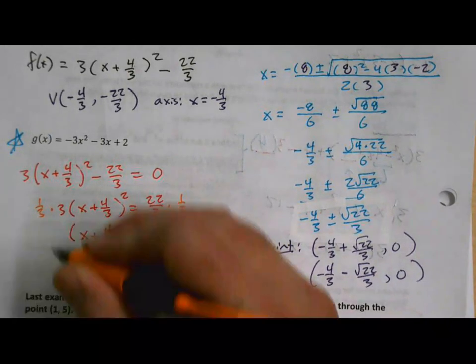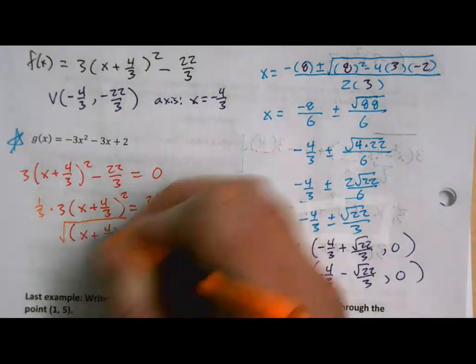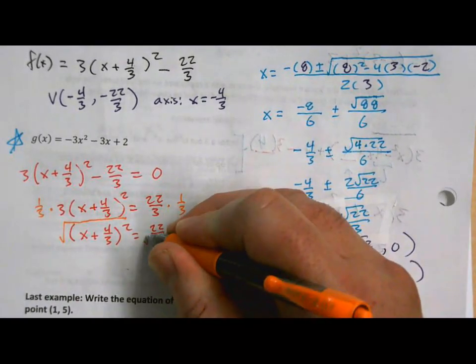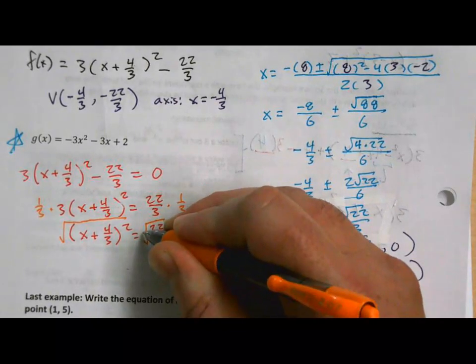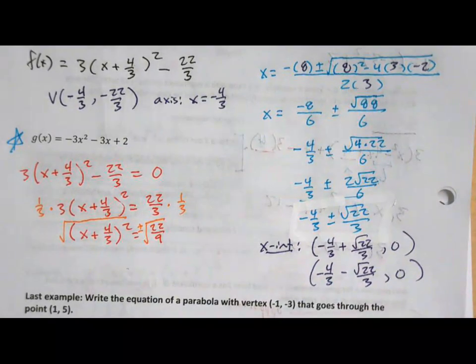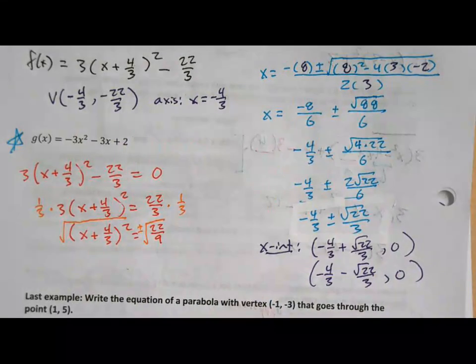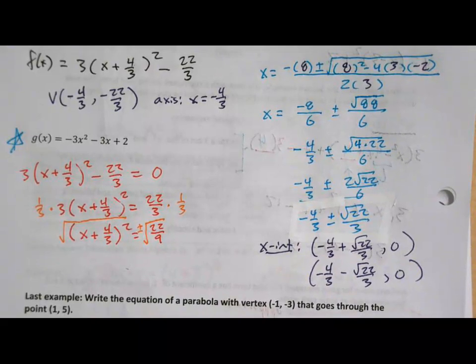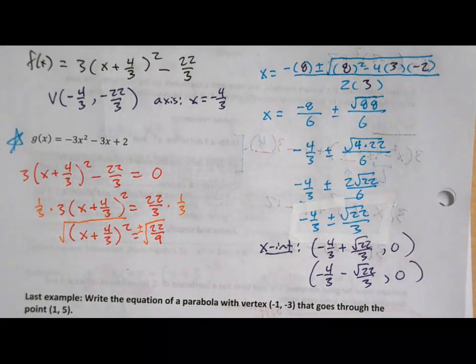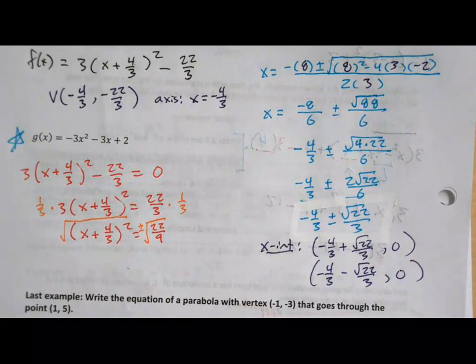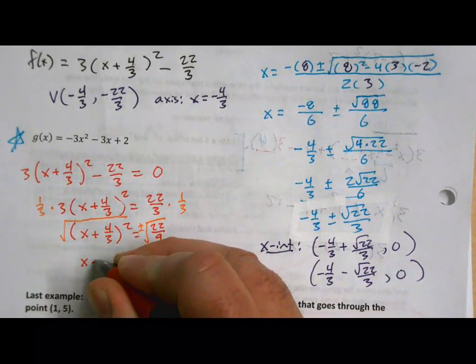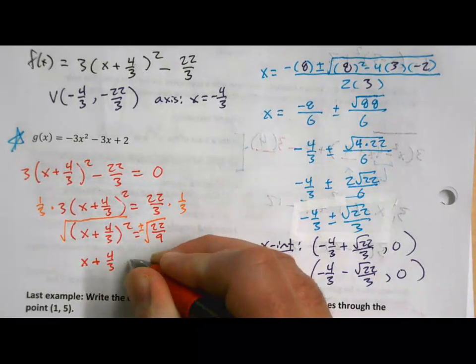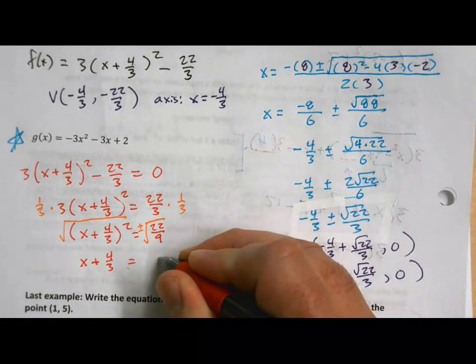Now when we do a square root on both sides and there's an x involved on one side, what do we got to make sure we do over here? Plus or minus, right? Is anybody starting to see where this is going? Not quite yet. All right, so what's left? I got x plus 4/3 over here equal to plus or minus.